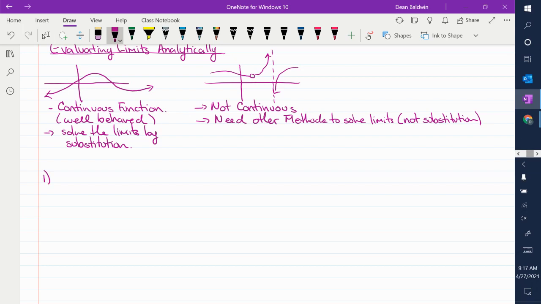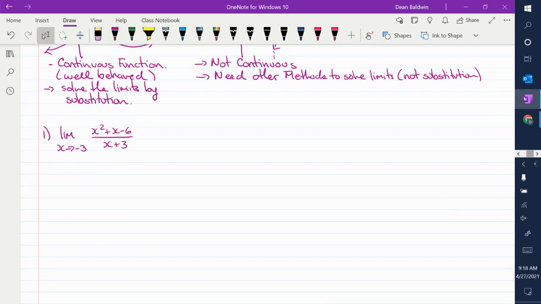So the limit. So we have the limit of a rational function, which basically means a polynomial over a polynomial.